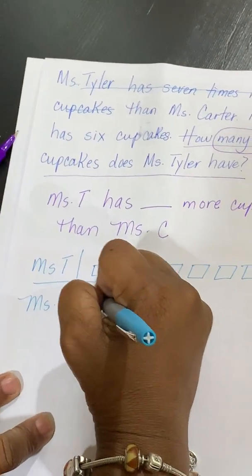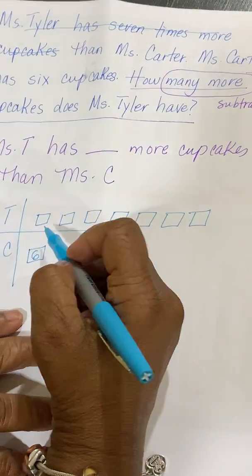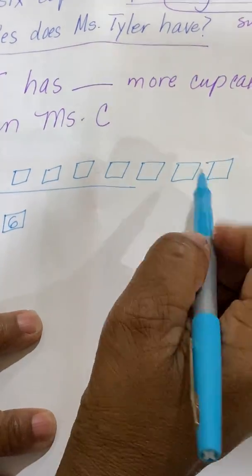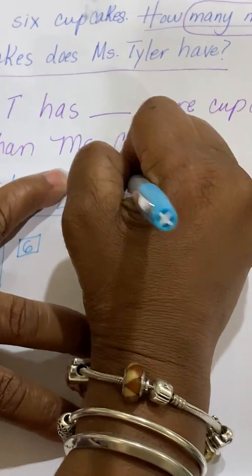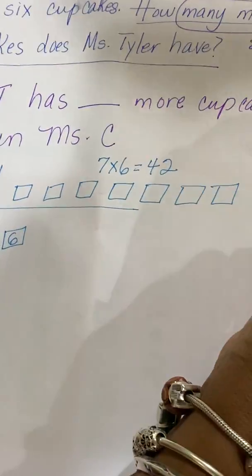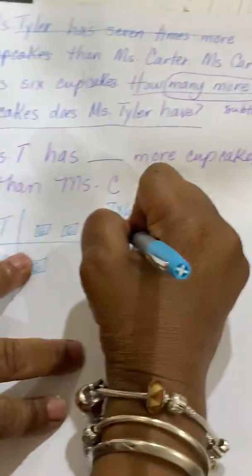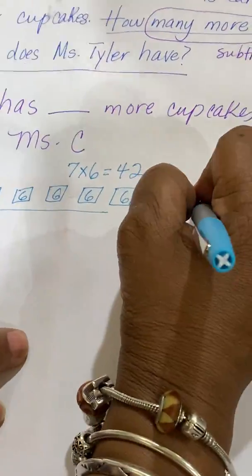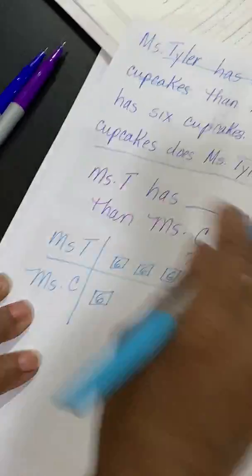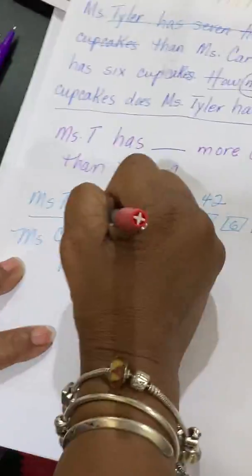And then I go back here and it says Miss Carter has 6 cupcakes. And so I know I'm talking to them about these comparison boxes. Now this makes it easier for me, because now the equation becomes 7 times 6 is equal to 42. But then check this out. I'm still not done, because now I'm filling in the 6. The question now is, Miss T has blank more cupcakes than Miss C. They have the same amount together.